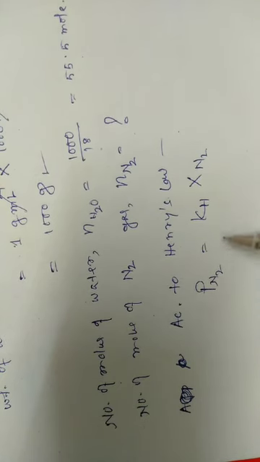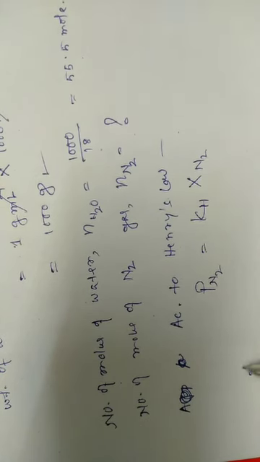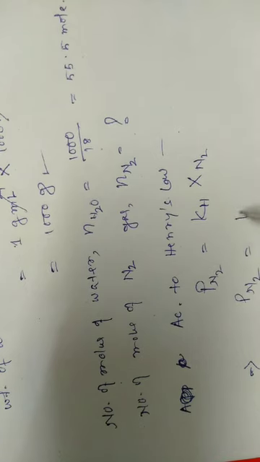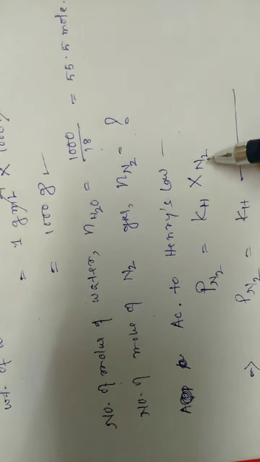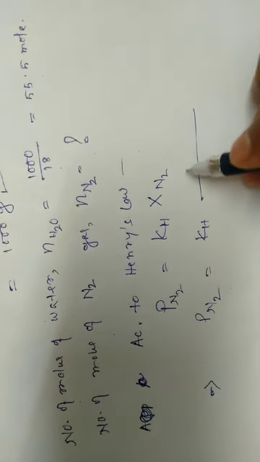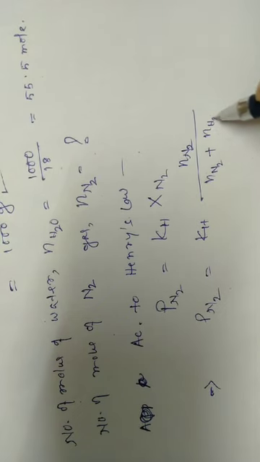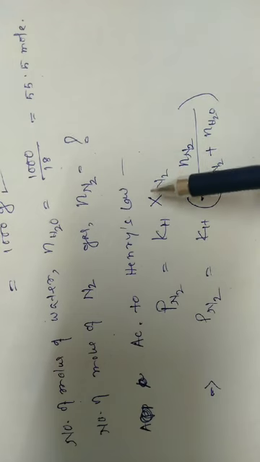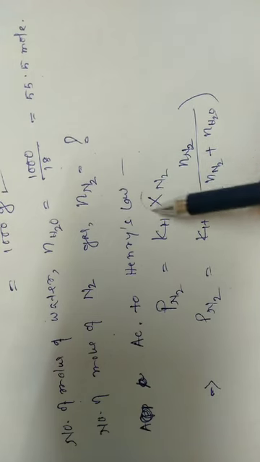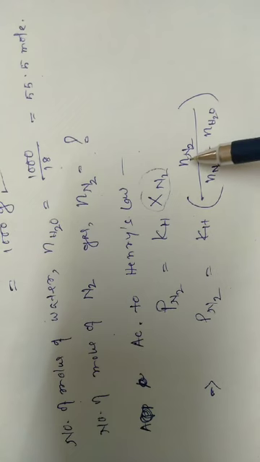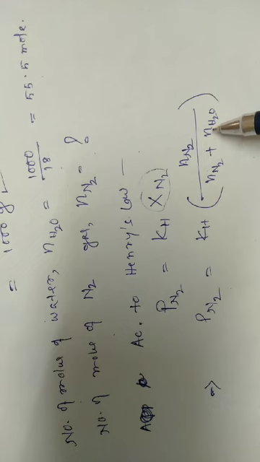We applied Henry's law for nitrogen gas. Modifying this, the mole fraction of nitrogen gas is equal to the individual number of moles of nitrogen gas divided by the total number of moles. So in place of the mole fraction of nitrogen gas, we can write the individual moles of nitrogen gas in the solution divided by the total number of moles. This comes from the definition of mole fraction of nitrogen.